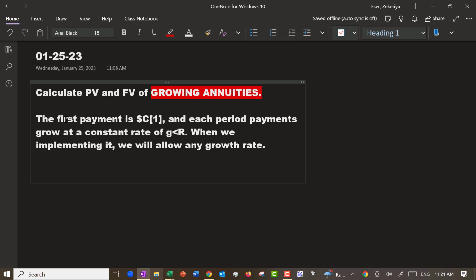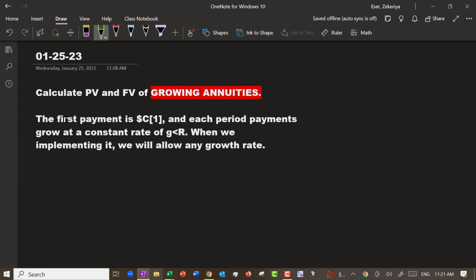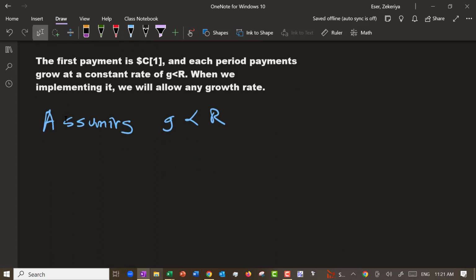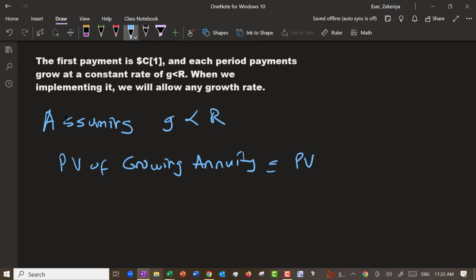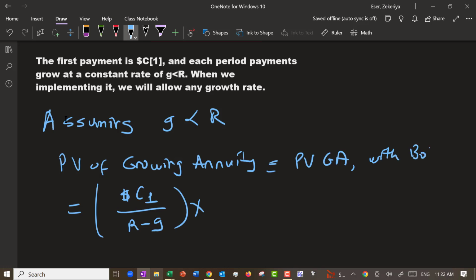Assuming the growth rate is less than R, the present value of a growing annuity, which I'm going to call PVGA, is equal to the first payment divided by R minus G, and let's also add a balloon payment.